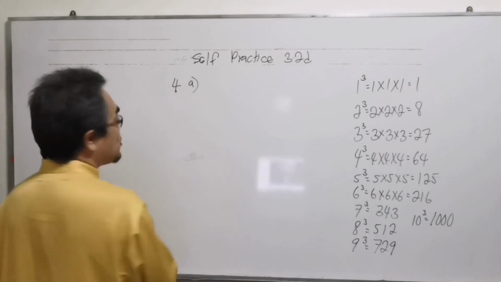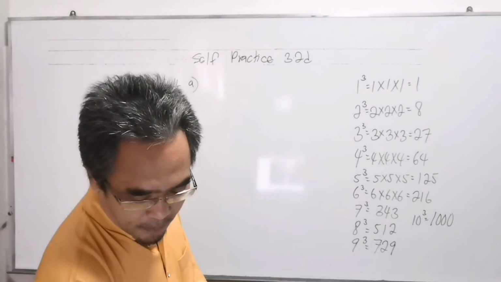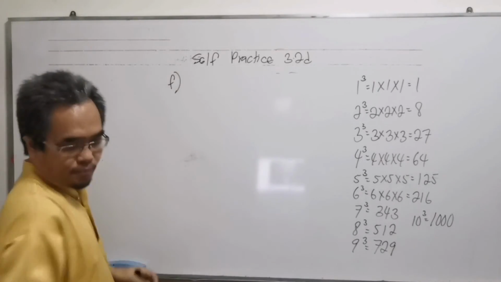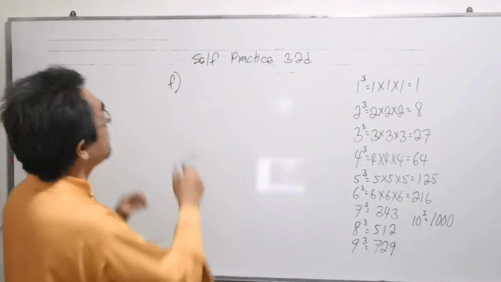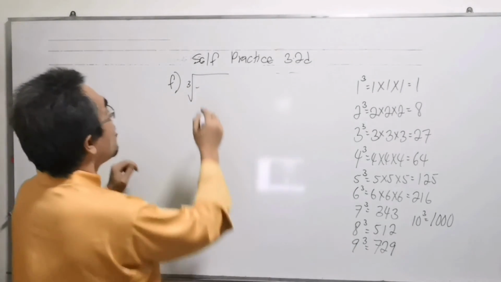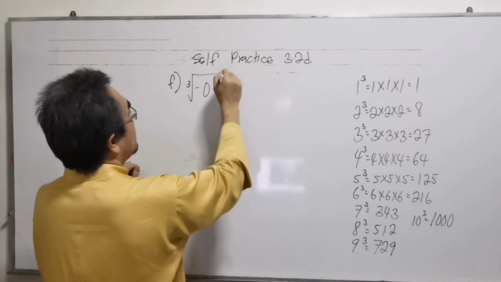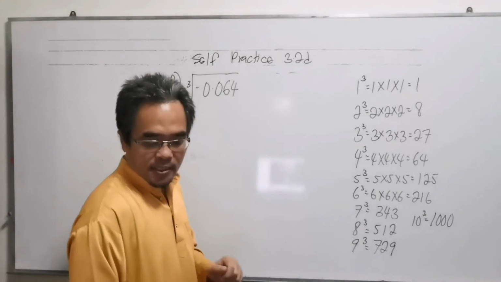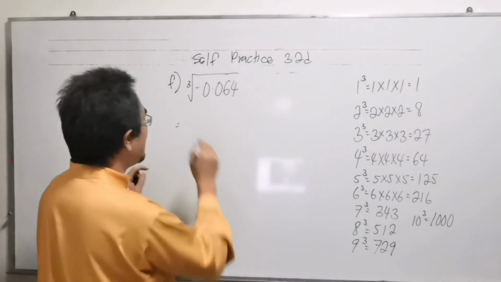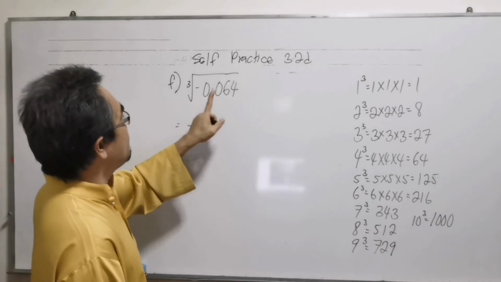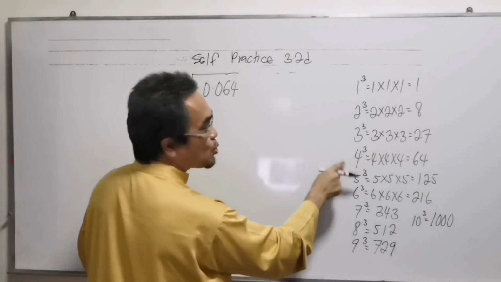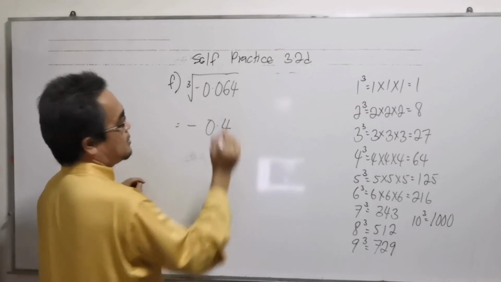So A is actually cube root of negative 0.064. 3 decimal places, it is similar to E. The question is negative, so the answer is negative, and this is 3 decimal places, so the answer is 1 decimal place.